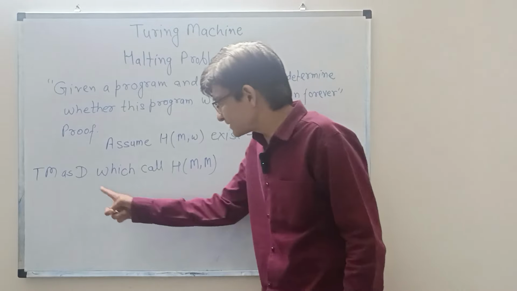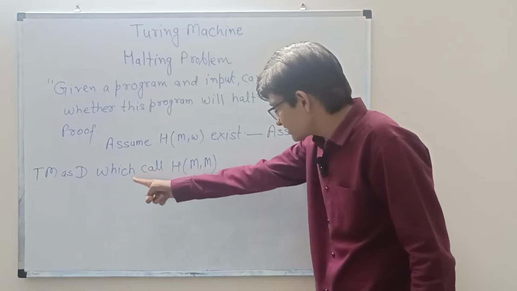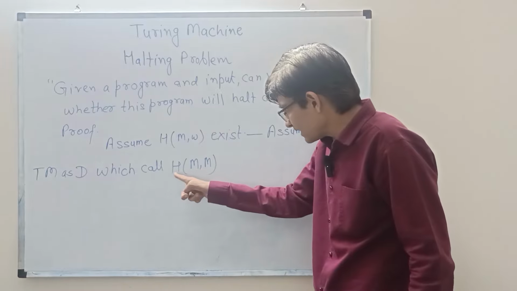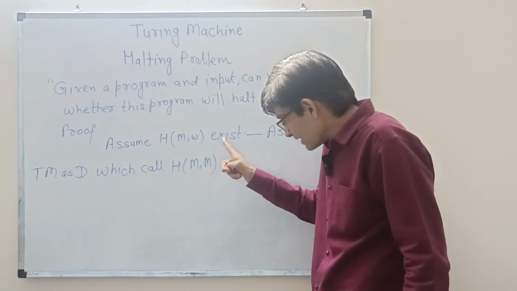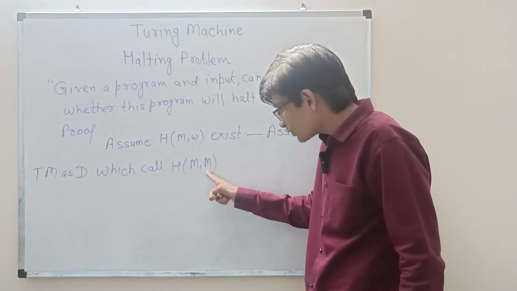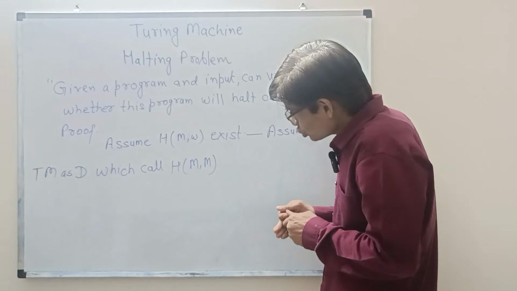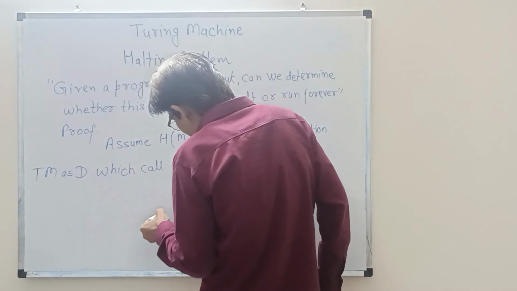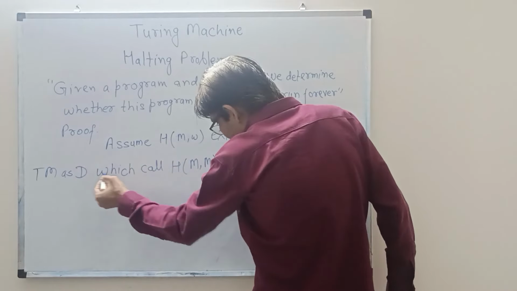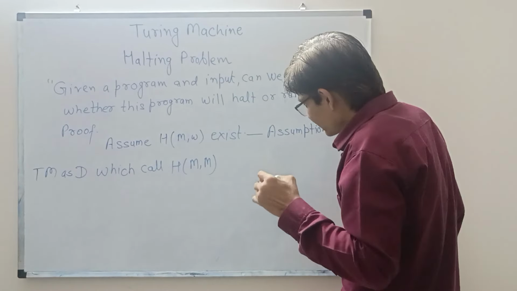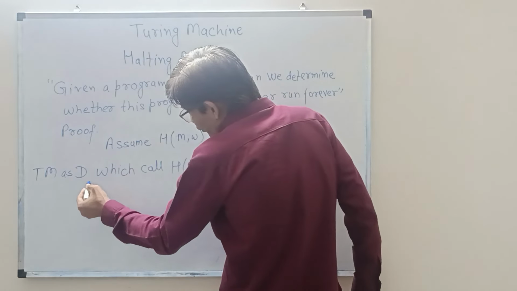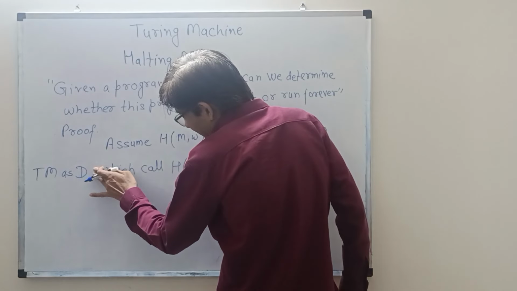So as I told you, D calls this function H with the machine itself as input. So basically D is taking input M. You can mention it like this.